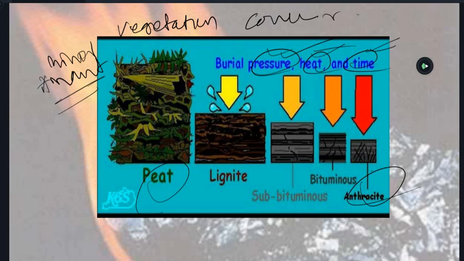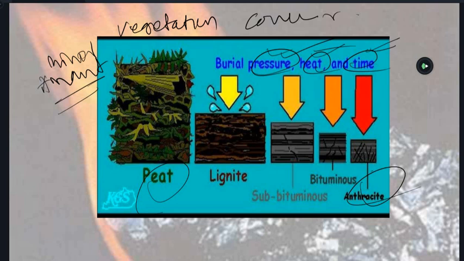But definitely some fossil will be there. Okay, because if you collect the sample in the Rajasthan area, you will get some, not fossil rich, but definitely some fossil content will be there in the coal sample. Okay. Yeah, sir. Okay, thank you.